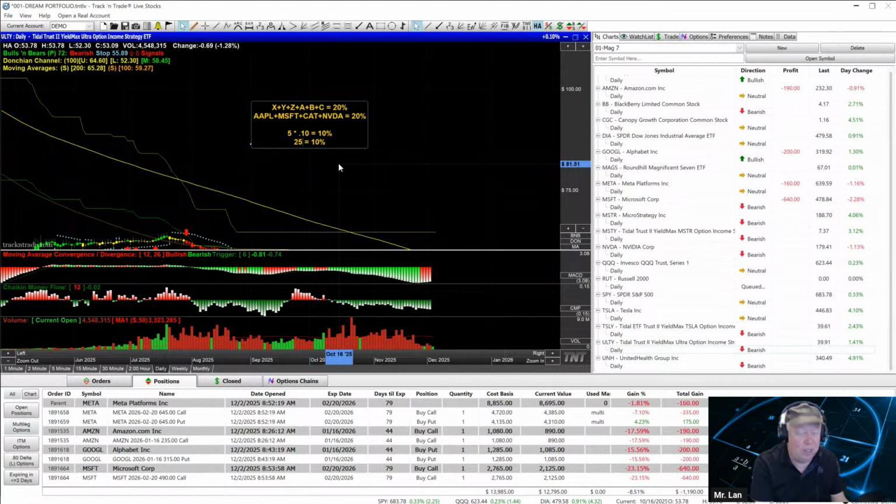The only thing they did is now they go 25 times, and now it's not going to be 10 cents. It's going to be 50 cents. So 25 times 50 cents equals 10%. It's the same thing. 5 times 10 cents versus 25 times 50 cents. Or am I doing it backwards?